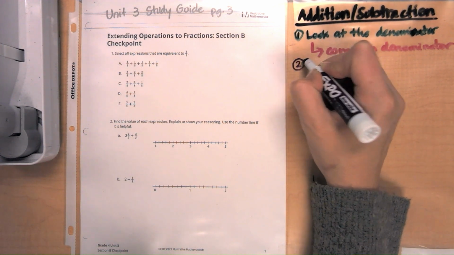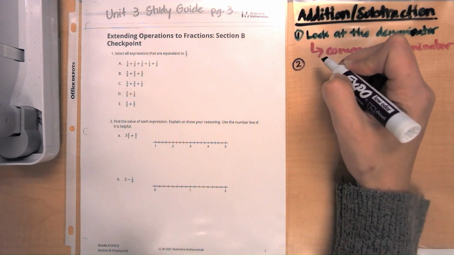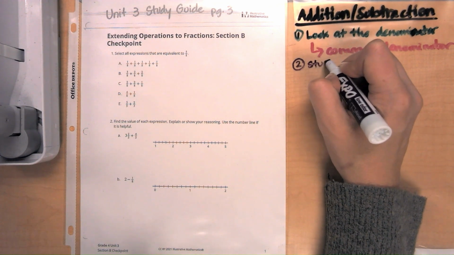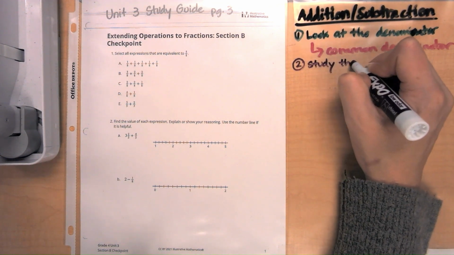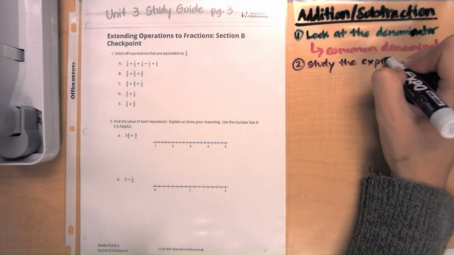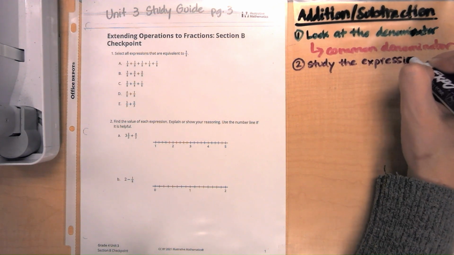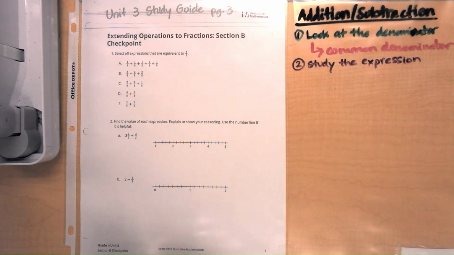The second thing we're going to do is we are going to study the expression. We're going to look at the expression, decide what exactly it is they are asking us to do. What do they want from us? That is the question that we really need to know.